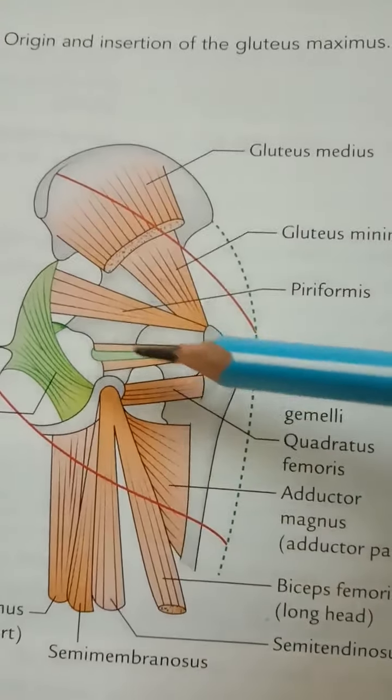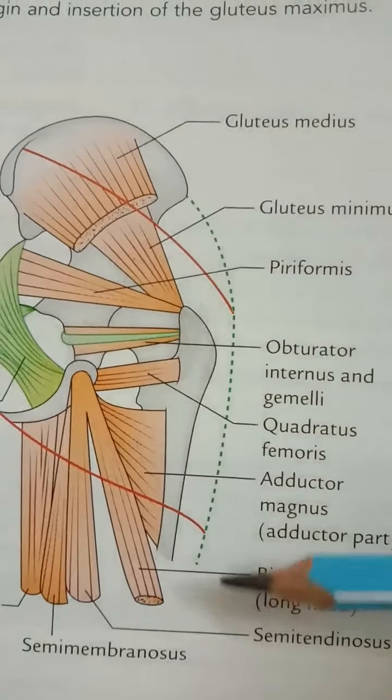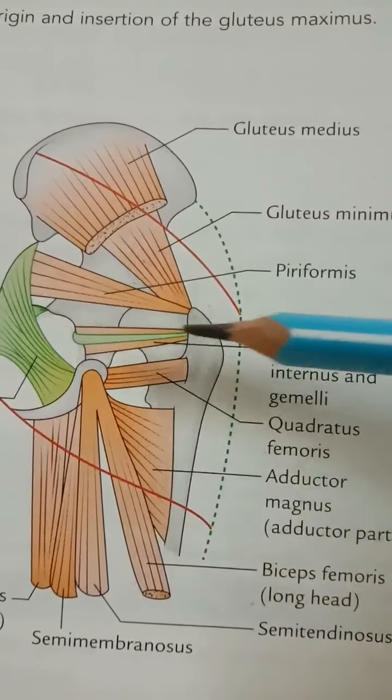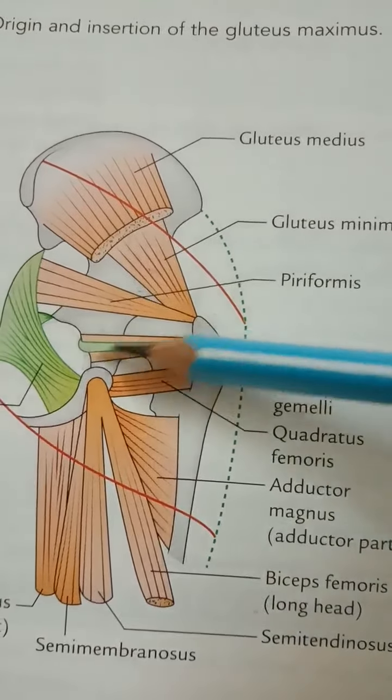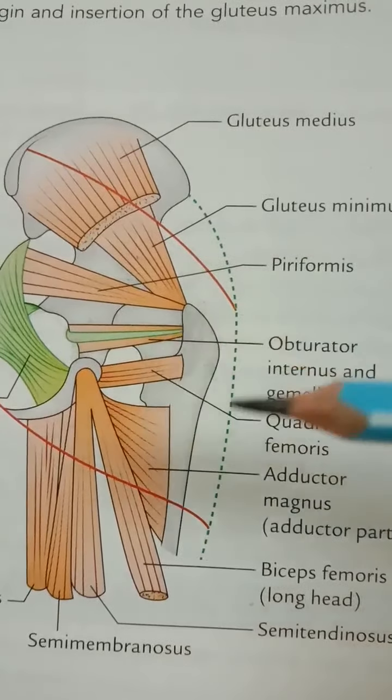Then the insertion of this muscle: it is inserted on the medial surface of the greater trochanter of the femur. So here, same, the medial surface of the greater trochanter of the femur.